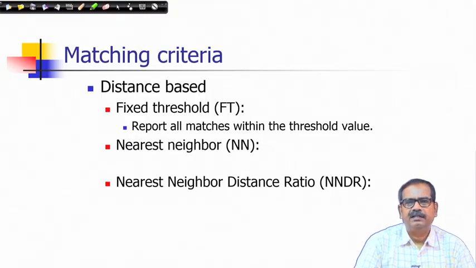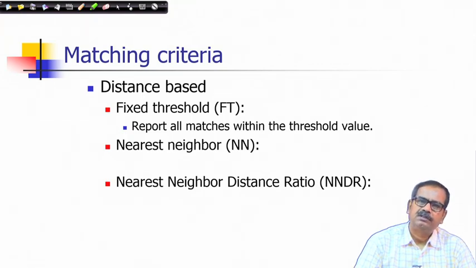So, it is not declaring just a pair of feature vectors, but given a feature vector, it is providing you candidate feature vectors, and then you may have to do some post processing to select which one is the fittest or which one is the actual feature vector corresponding to the query feature vector. But if you would like to precisely define the corresponding feature vector, the nearest neighbor definition is much more useful, because here it is not a fixed threshold.